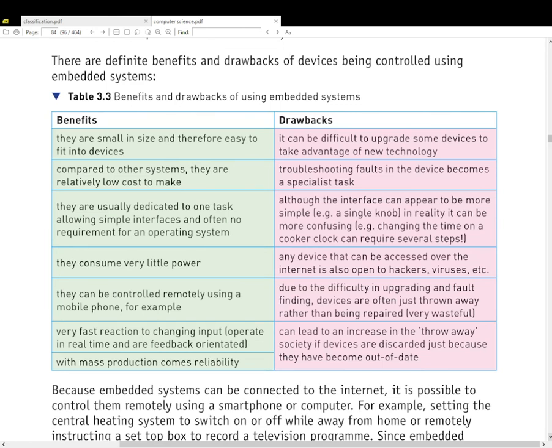Due to difficulty in upgrading and fault finding, most of the time, if you have a device which cannot be connected to the computer and update itself, then when it breaks down, you throw it away. So it is important to know that. Those are some of the drawbacks as far as embedded systems are concerned.